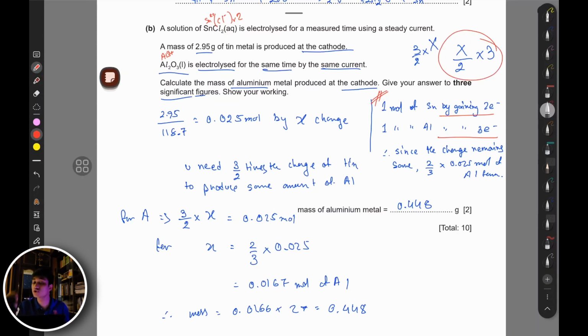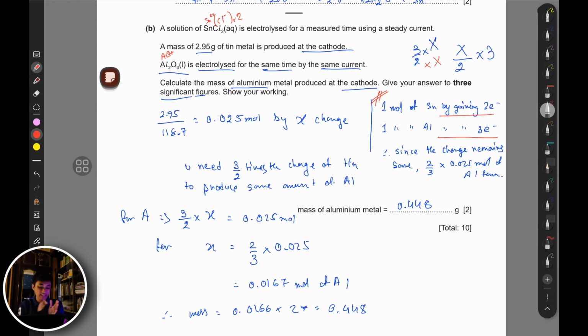This is the charge you need for an aluminum ion to convert into aluminum solid. Great. So now you know that you need 3 by 2 times x amount of charge to produce the same moles as Sn.